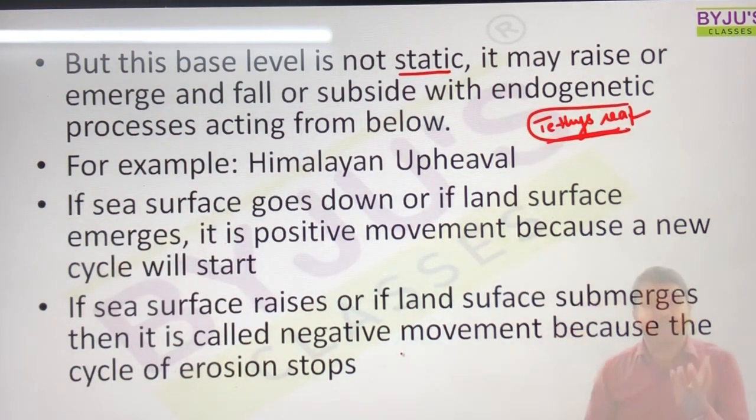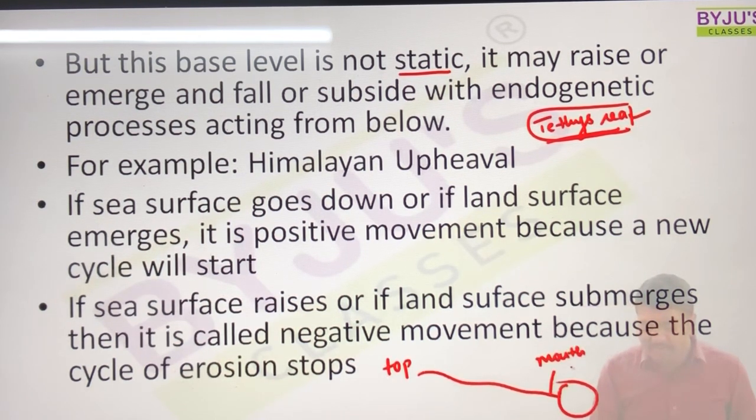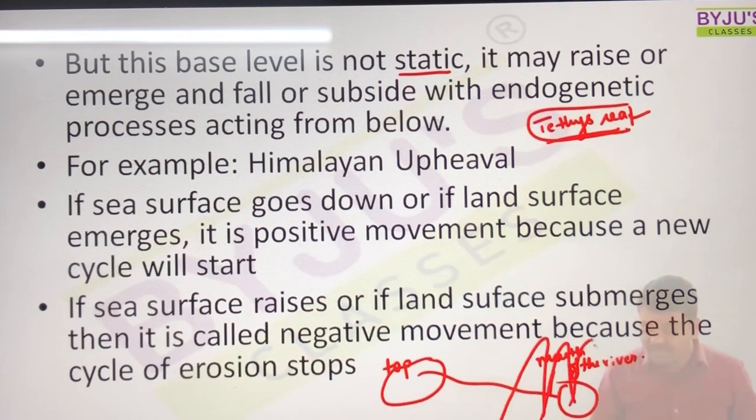Initially, from where the river flows, that is the topmost portion, and when the river actually joins the sea, that is called the mouth of the river. So if you consider this, the mouth of the river was the Tethys Sea. But as the Himalayas were formed, you will usually observe that the mouth of the river got rejuvenated and it became the initial stage.